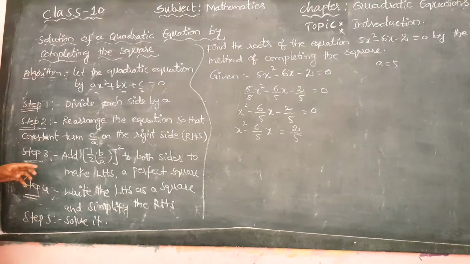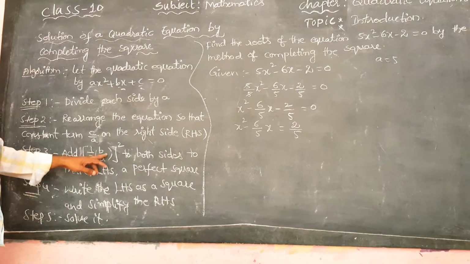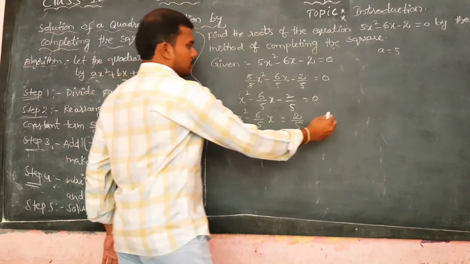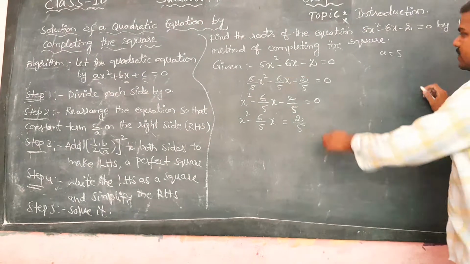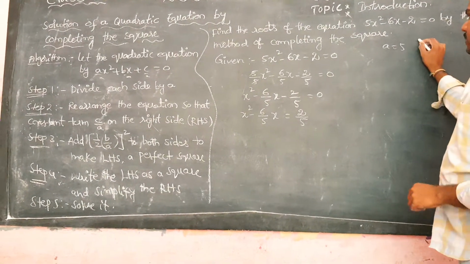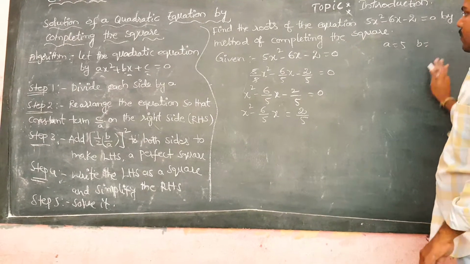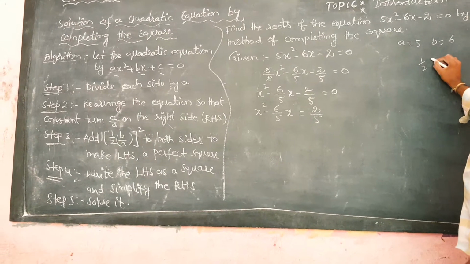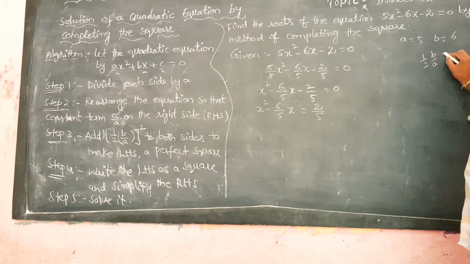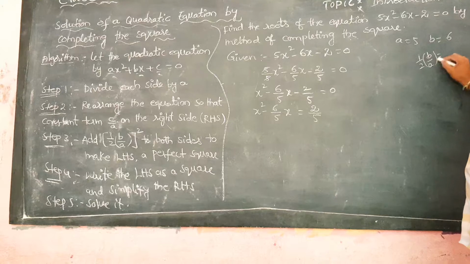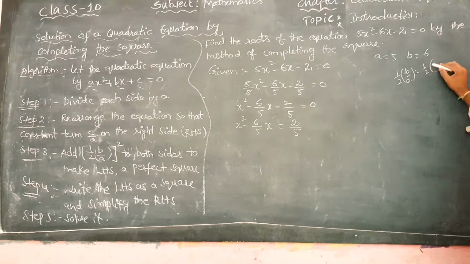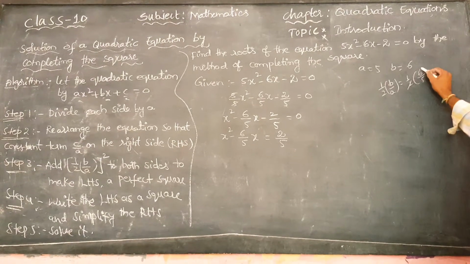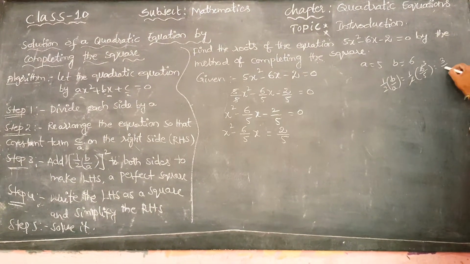Next step, add 1 by 2 b by a whole square to both sides. Here a is equal to 5 and b is equal to 6. So 1 by 2 into b by a, 6 by a value 5: 2 ones are 2, 2 threes are 6, that is equal to 3 by 5.